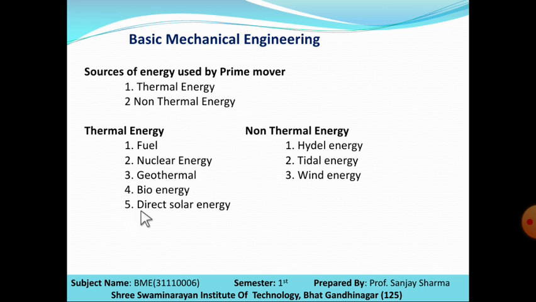So these are the thermal energy or the natural source which is utilized by the prime mover to convert that natural source energy into some mechanical output. And non-thermal energy means the natural energy utilized by the prime mover but which is not thermal, meaning there is no relation of heat in that case.